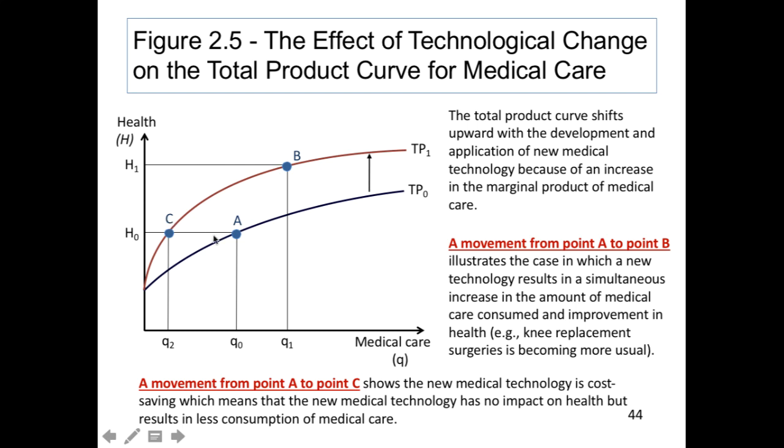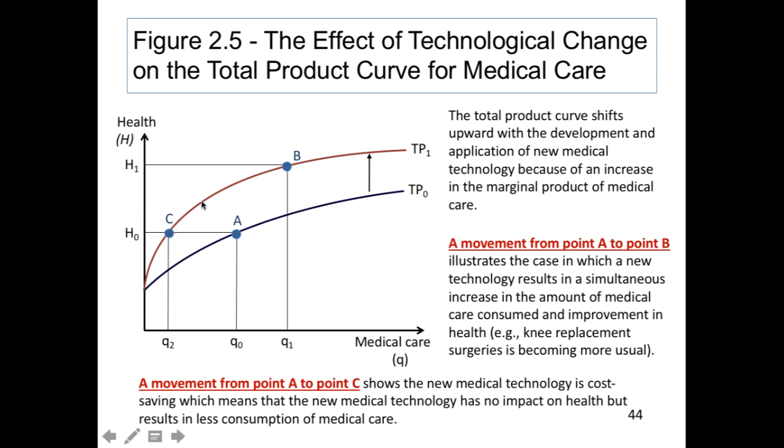So what is the meaning of a movement, say, from point A to B, or for example from C to B or A to C? It is very important to understand these movements. In economics, we have two kinds of changes in the graph.